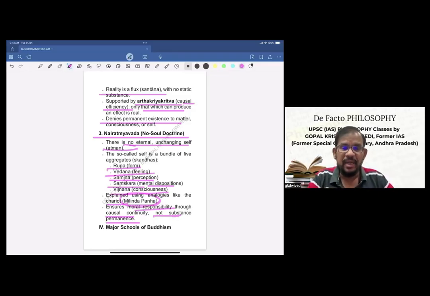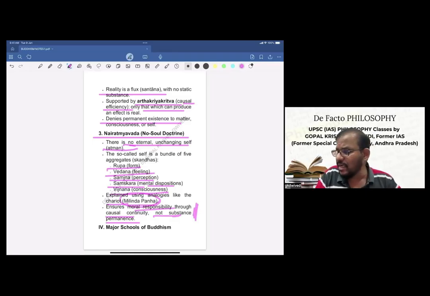But here, when there is no permanence, Buddhism tries to explain that causal continuity is there, but it's not through permanence of substance. That's what they say. But there is a problem, which we will see in the criticism of Naratmavad subsequently.